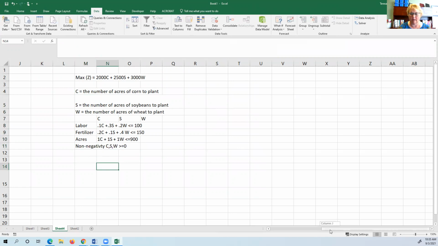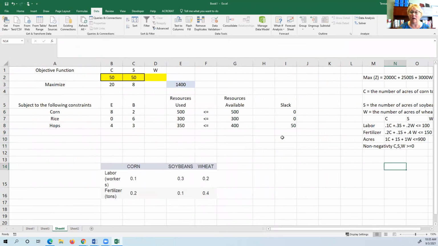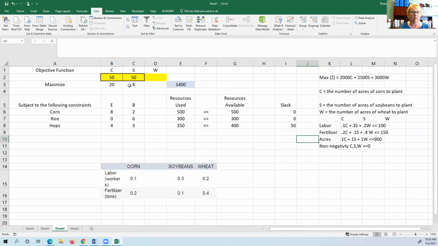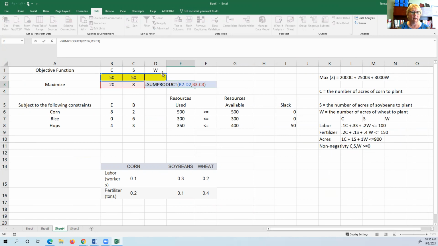Okay. All right. So now I need to revise my formulas, because if you note, my sum product only does it for those two variables. So I need to change that to be, okay, I need all three of these, and I need all three of these.